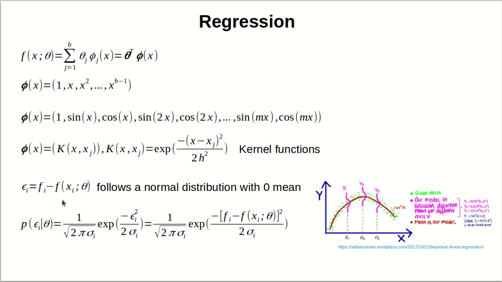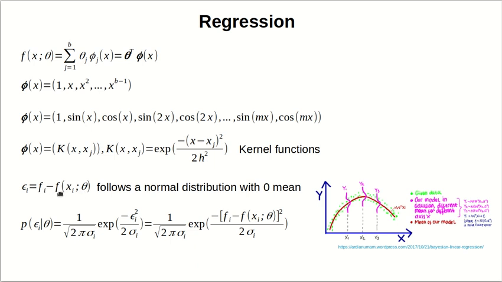So for good predictions, your conditional probability is going to be big. For poor predictions, your conditional probability is going to be small. But how good the prediction is depends upon your model theta. If you happen to have selected a very good theta, then this difference could be very small.